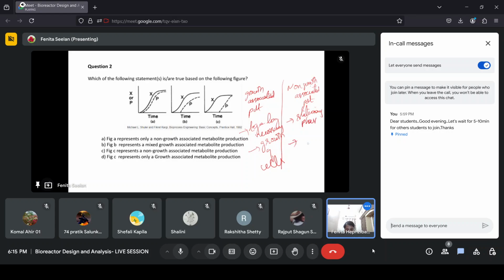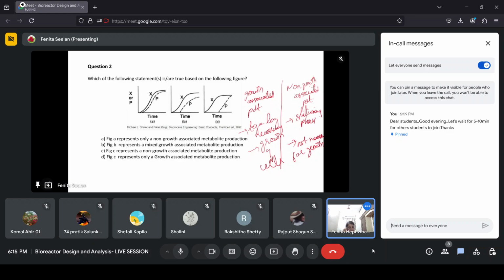These products are not necessarily associated with or needed for the growth of the plant cell or any cell, microbial or fungal cell, but are produced in the presence of stress conditions, when the system reaches the stationary phase. So this is not necessary for growth.